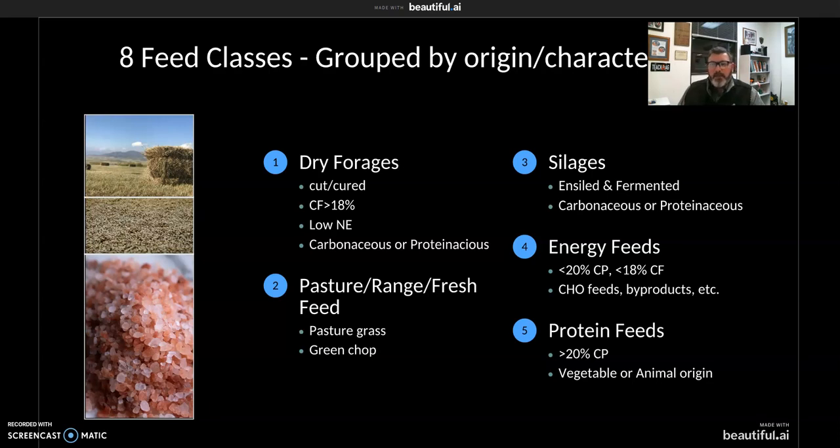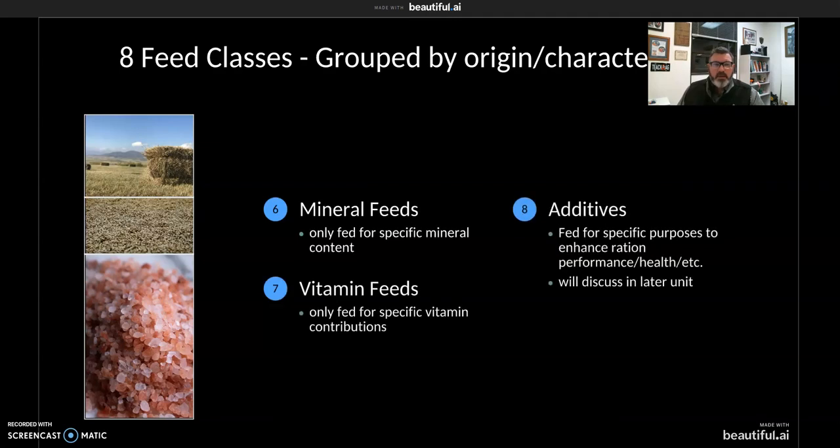Protein feeds then. In order to be categorized as a protein feed, it would need to carry greater than 20% crude protein. And it can be animal or vegetable in origin. So we'll give you a number of different options to kind of think about whenever we get to that slide. Number 6 is mineral feeds, and generally they're only fed for that specific mineral content.